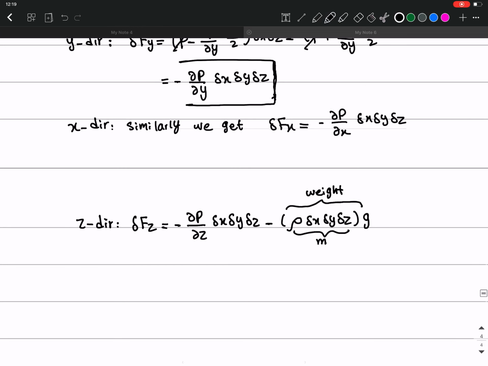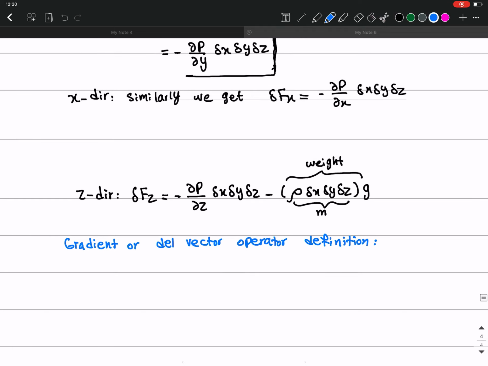So now I want to define something, a gradient or del vector operator, which is going to simplify my notation. So this is just a notation, okay? So gradient or del vector operator definition. This is just to simplify the notation. And also, if you see this gradient operator, this is what it means.